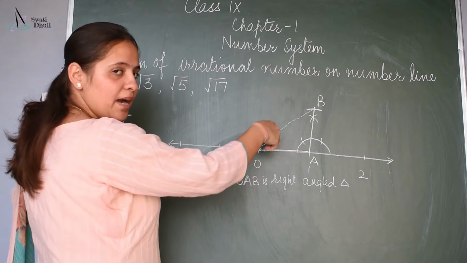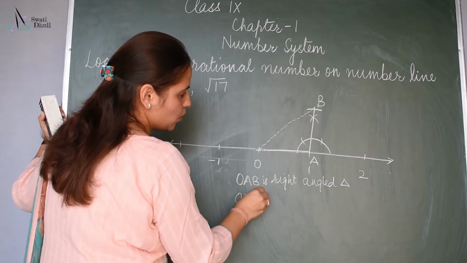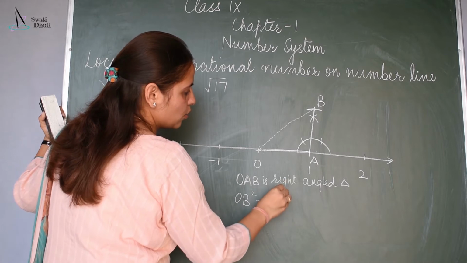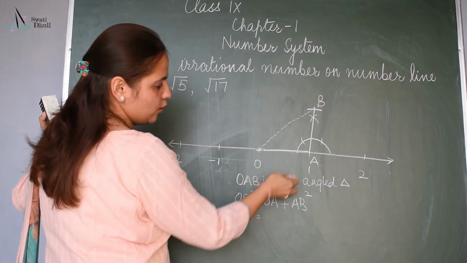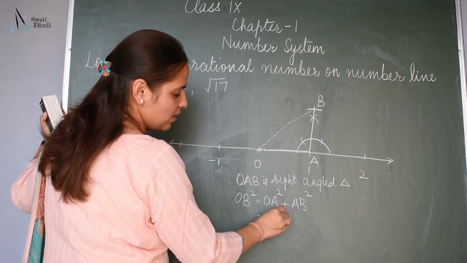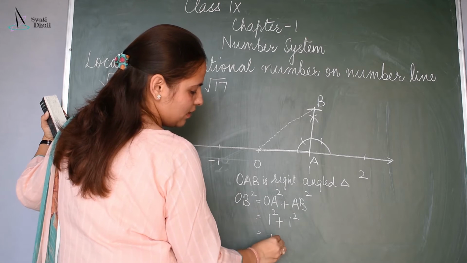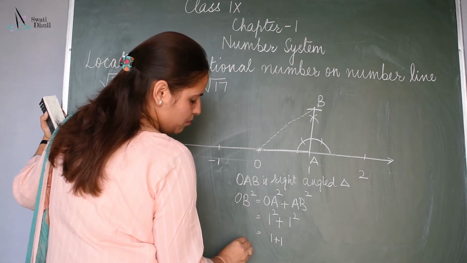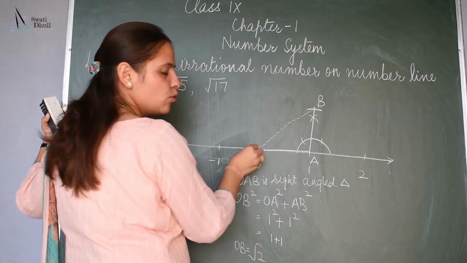Now if I apply the Pythagoras theorem here, OB square is equal to OA square plus AB square. OA is 1, that is 1 square, AB is also 1, so 1 square. 1 plus 1, so OB is equal to root 2. Now you have got OB as root 2.